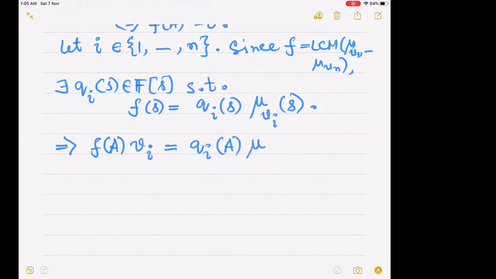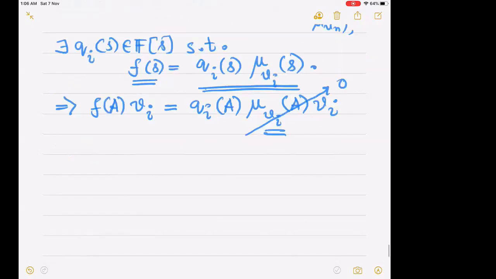You see f is a common multiple, so that's why we can write this, that it's a multiple of mu_vi. So from this identity it follows that this acts on vi, but this goes to 0 because this guy kills it, right? This guy kills vi. There is an annihilating polynomial for vi, right? So this is 0, so this whole thing is 0.